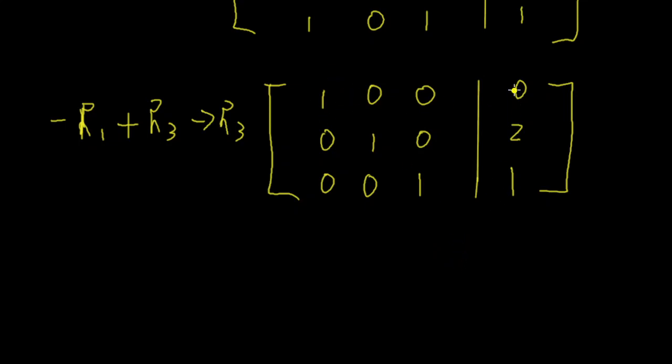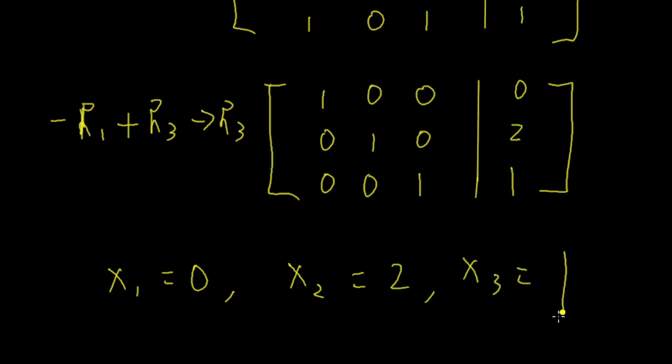So x1 is equal to 0, x2 is equal to 2, and x3 is equal to 1. Let me write it better.